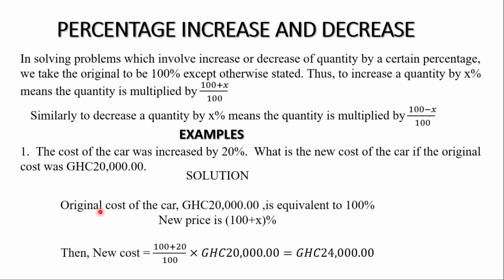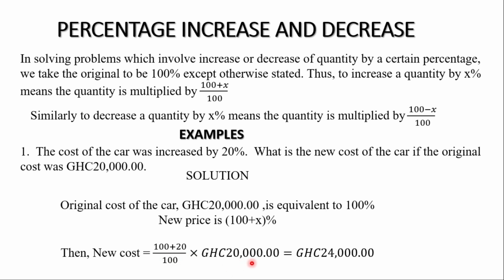And so the original cost of the car is 20,000 Ghana cedis, which is equivalent to 100%. The new price is now 100 plus x, which means the new cost will be 100 plus 20 all on 100 multiplied by the original quantity.